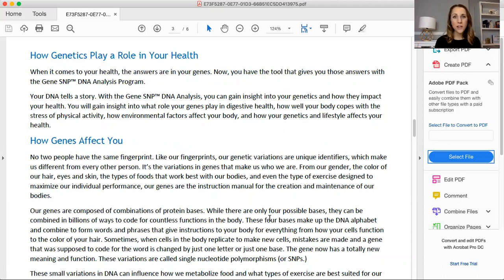Remember that the human genome was just recently unraveled, really in the last decade. This is all real new technology that we're just beginning to understand. So you can gain insight into your genetics, how they impact your health, the role that they play in digestion, coping with stress, other environmental factors.